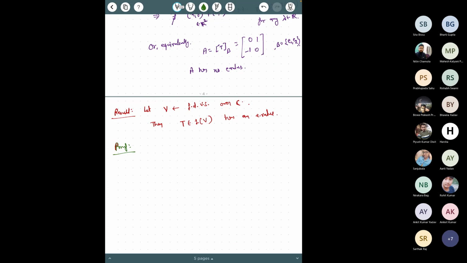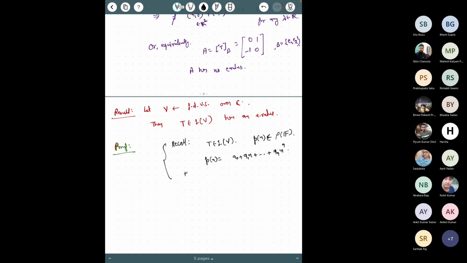Okay. Before I prove this, let me recall a few things. First, before I start the proof, suppose we have an operator T on V, where V is a vector space over F, and p is any element of the set of polynomials over the same field F. So p(x) is of the form a0 plus a1x and so on, up to anxn.